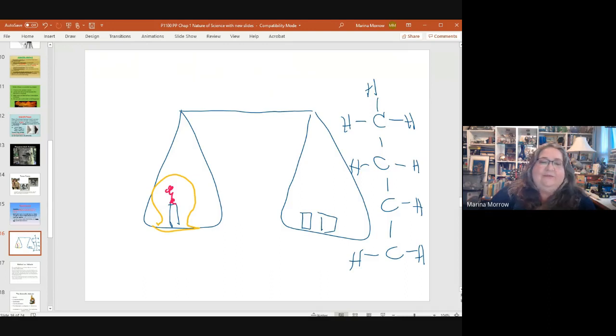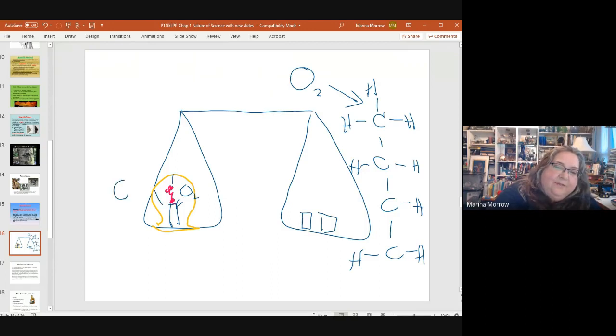And so what happens is when you're burning the wax, oxygen is part of the burning process, right? That's called combustion. So what happens when you take oxygen and you mix it? It has a chemical reaction with the hydrocarbon. Well, oxygen goes in, and what comes out is carbon dioxide and water.